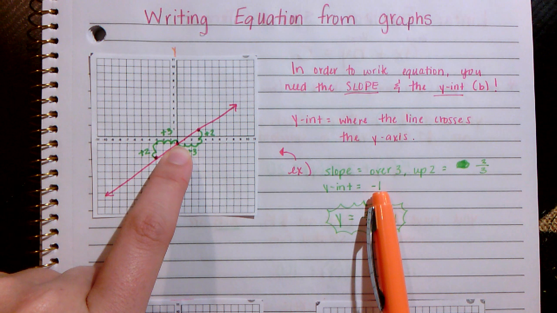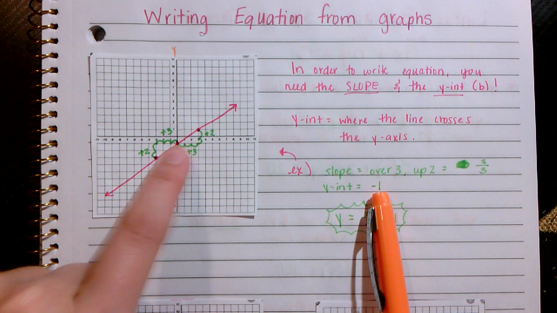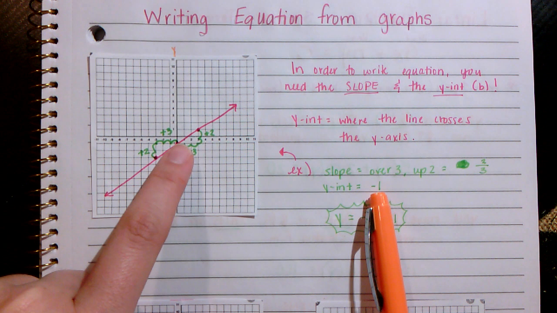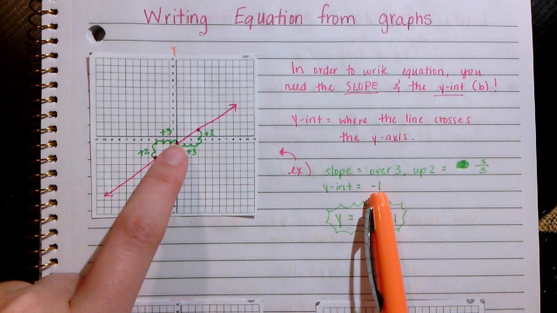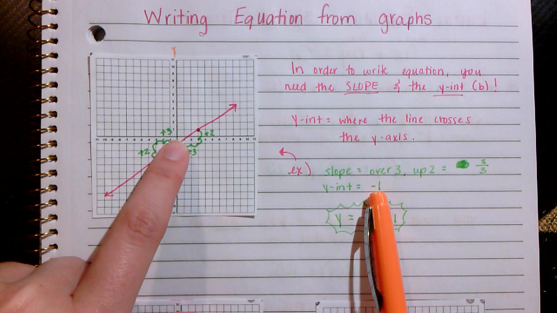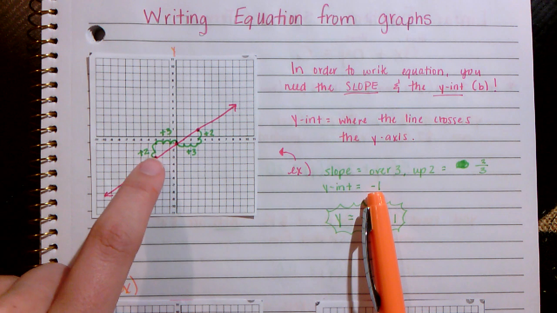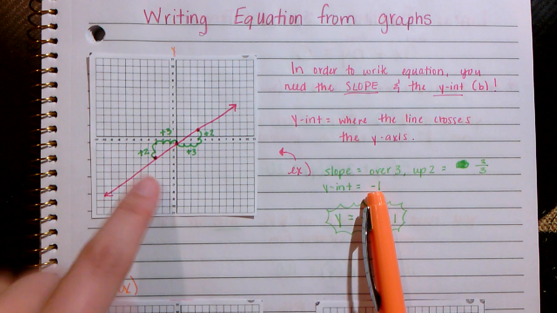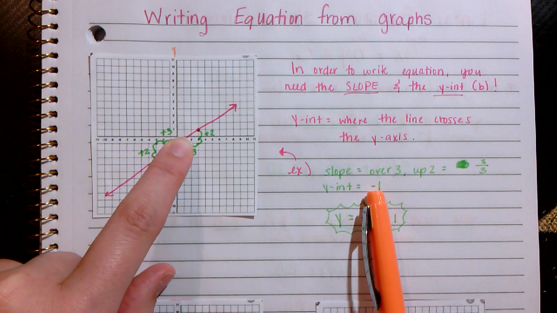I go to the right 3 and up 2. So I'm going over 3, up 2. Or you can go left 3, down 2. But you see how it says +2, +3. What I did was I started from this point and I went up 2 over 3.